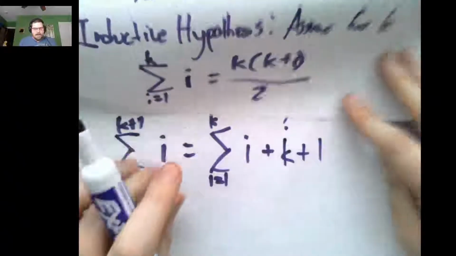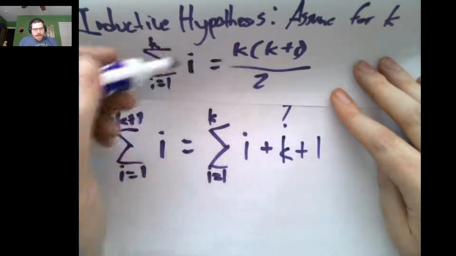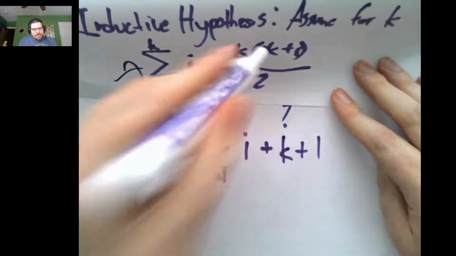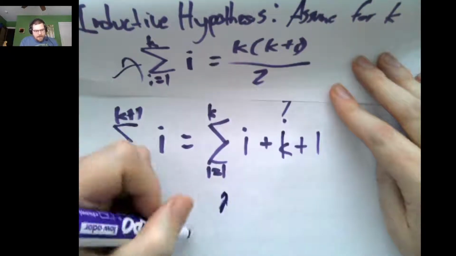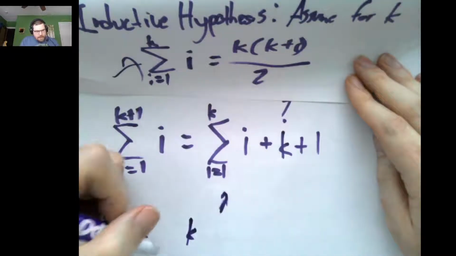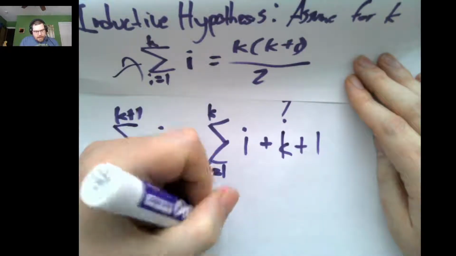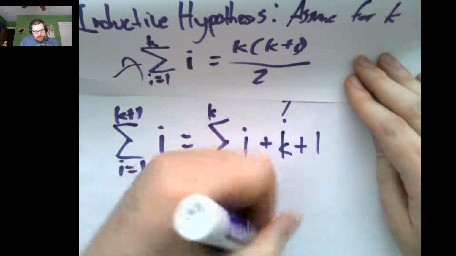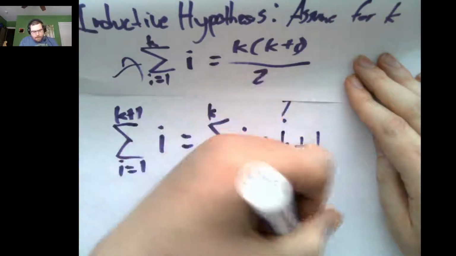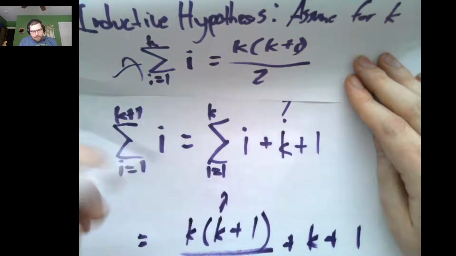So let's do that. Now, because we have this left-hand side, we can substitute in the right-hand side and get k times k plus 1 over 2 plus k plus 1.